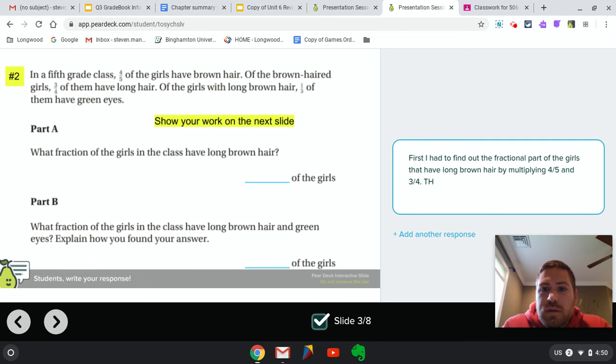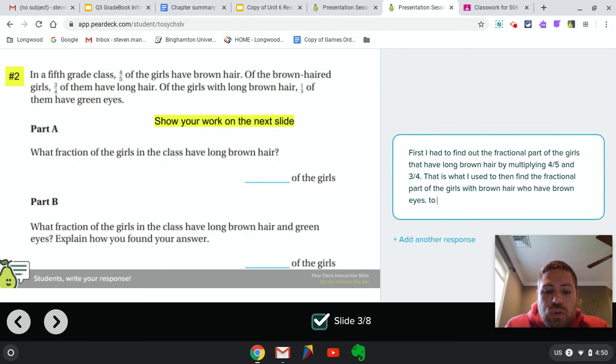That answer is what I used to then find the fractional part of the girls with brown hair who have green eyes. To do that, I needed to multiply.